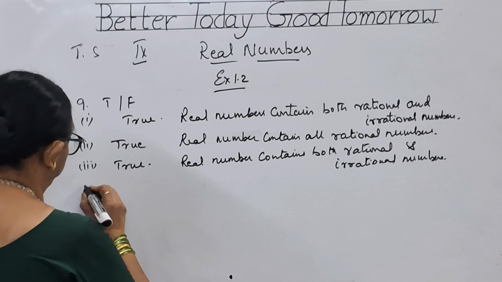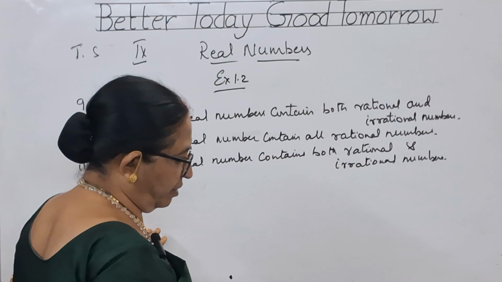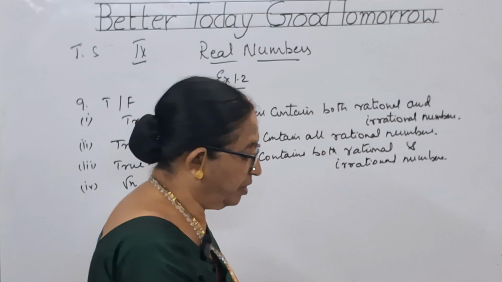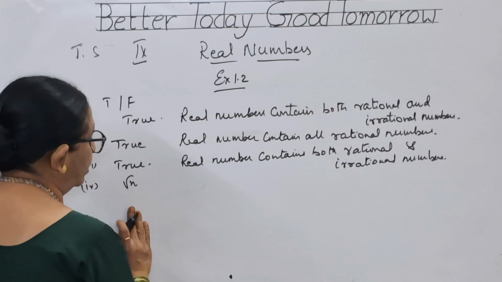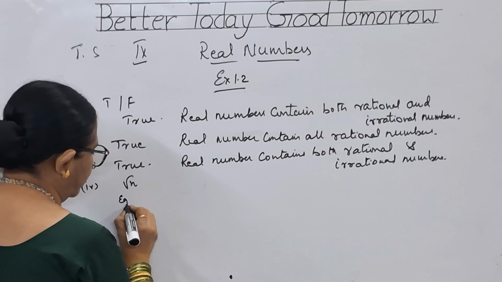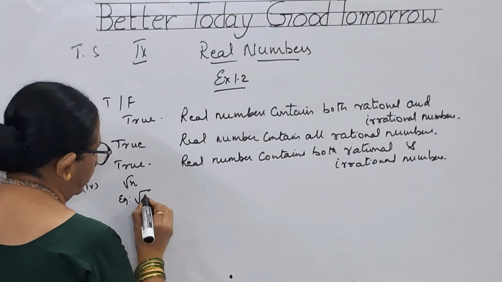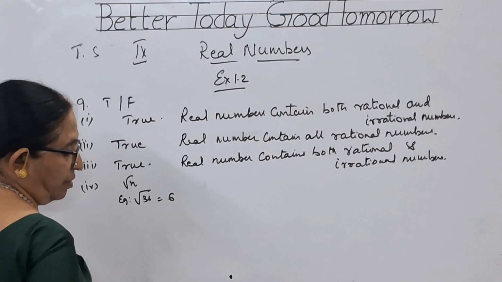Next, fourth bit, root n is not irrational if n is perfect. Let me talk about some example here. n is perfect means root 36. What are you getting, children? It is rational.